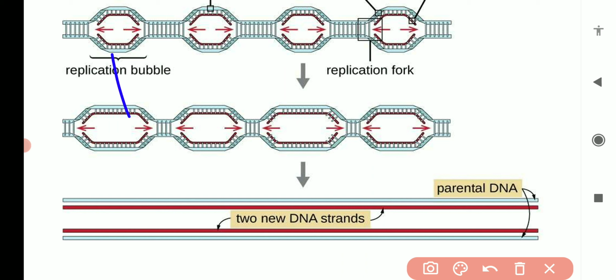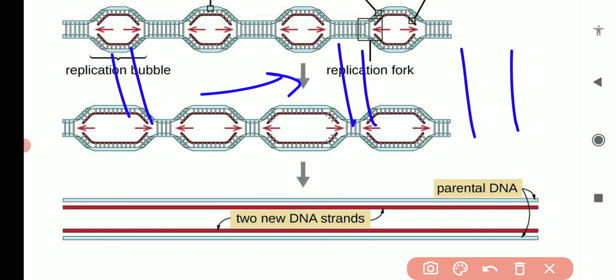So from one DNA molecule, two DNA molecules will be formed, in which one will be the old strand and one will be the newly synthesized strand.